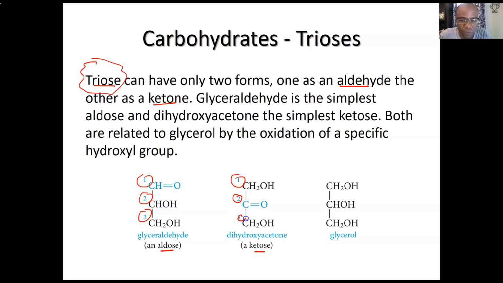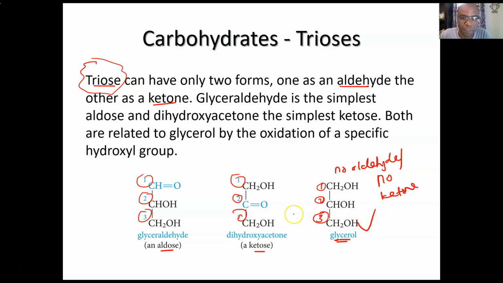See, you have 3 carbons all through: 1, 2, 3. For this one, there's no aldehyde and no ketone. In this case, this is just glycerol. Remember, we used glycerol for polymerization.